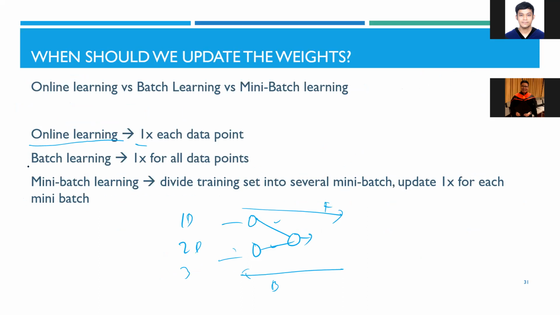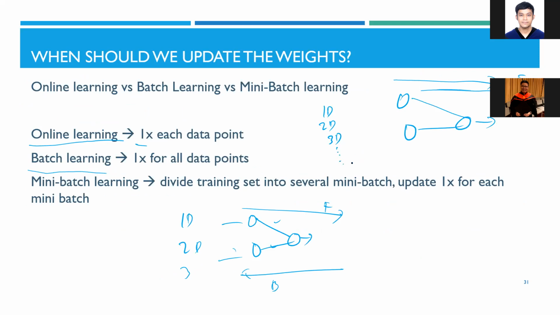So that's why we also have batch learning. In batch learning, we have this structure. First data we do forward and collect the error from that first data. Second data we do forward, we have error from the second data. Third data, the same.